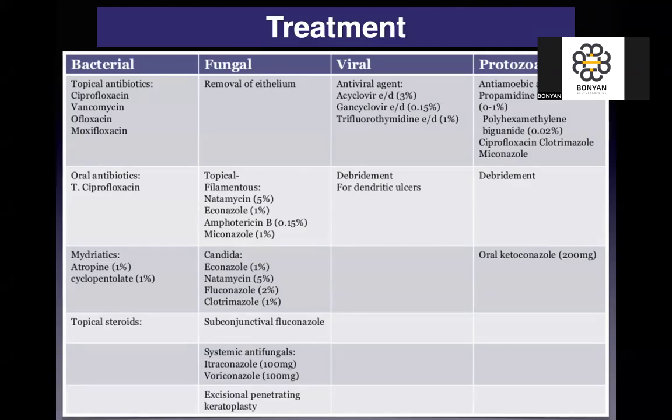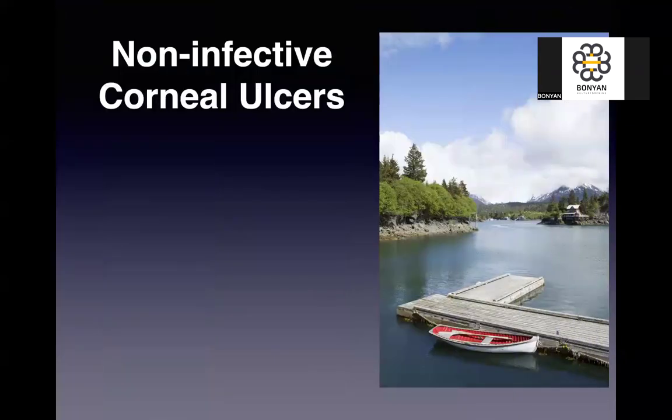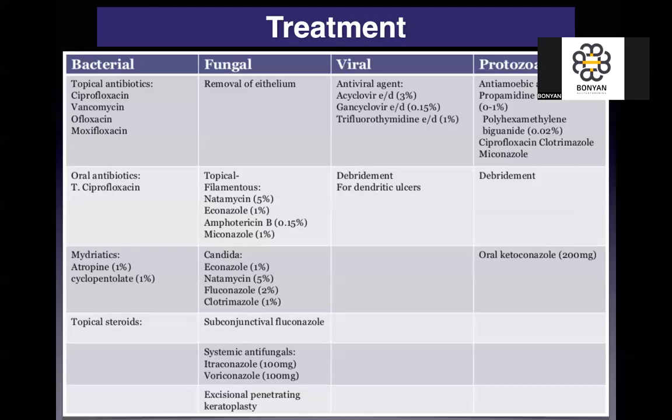Finally, protozoal: anti-amoebic like propamidine, which is not easily available in the Egyptian market, but we can add polyhexamethylene biguanide, ciprofloxacin, clotrimazole, and miconazole may share in that. Debridement and oral ketoconazole.